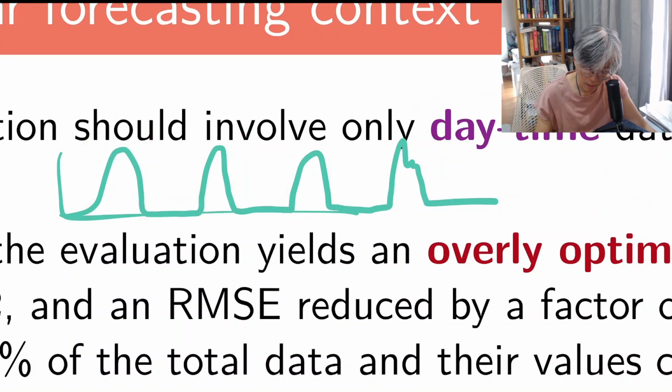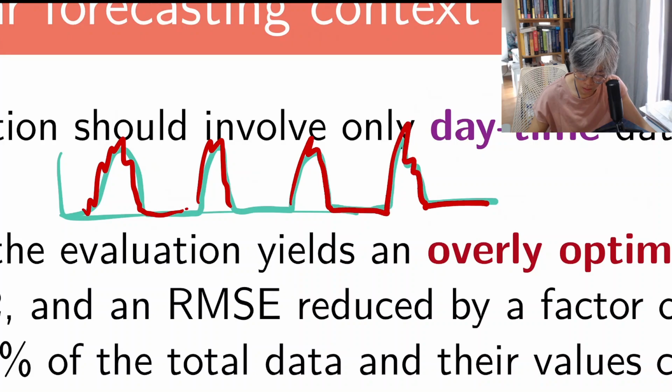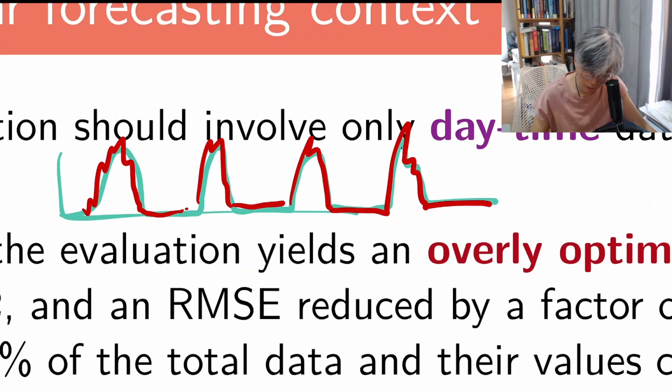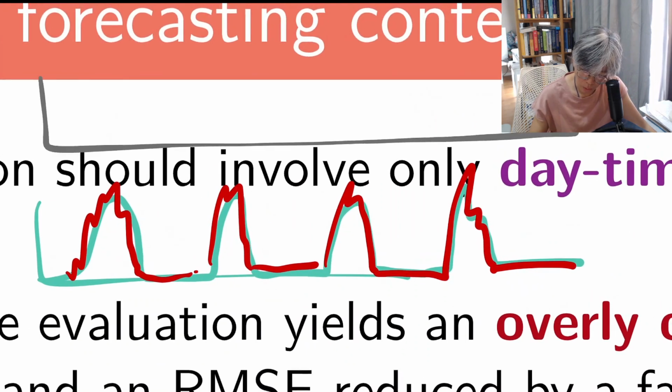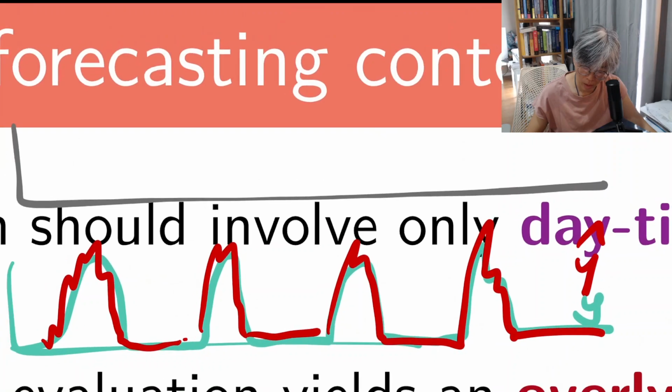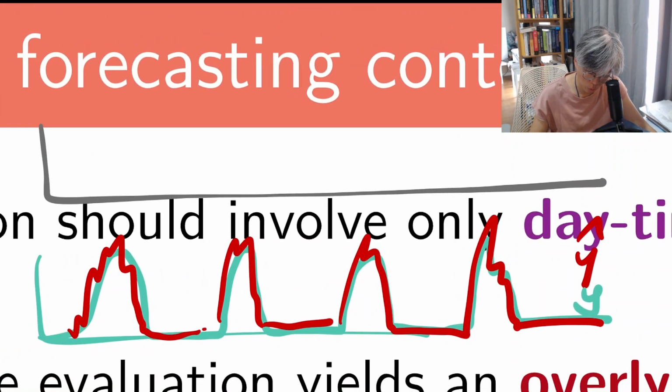So when you make a prediction, suppose your red line is the prediction. I'm going to plot another graph. My red one is y hat. My mint color is the actual y. So when I plot the error, what would I have?